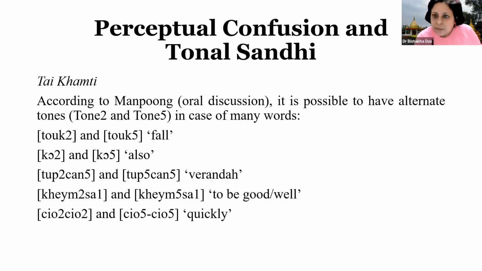This is the perceptual confusion we're talking about. So we see that according to Chokak Manpung, in his oral discussion, he says that it is possible to have alternate tones, like tone 2 and tone 5, in the case of many words.